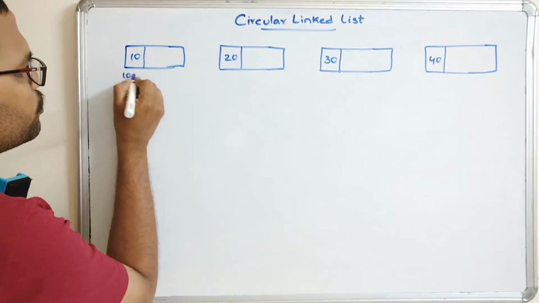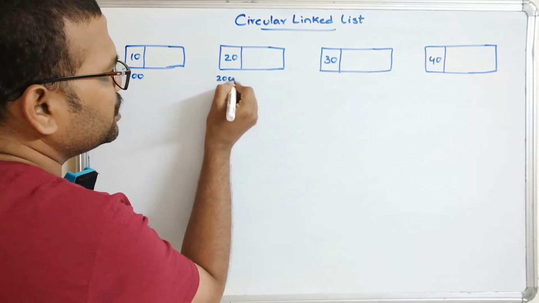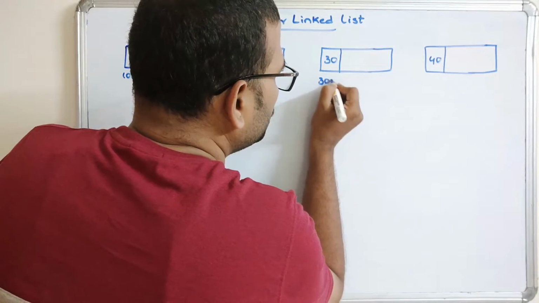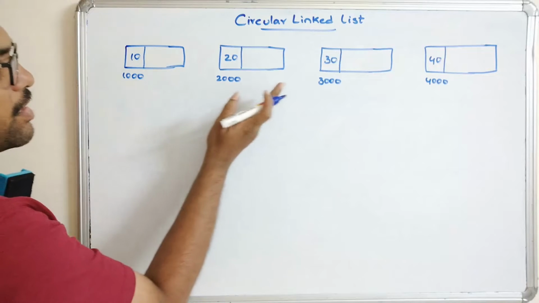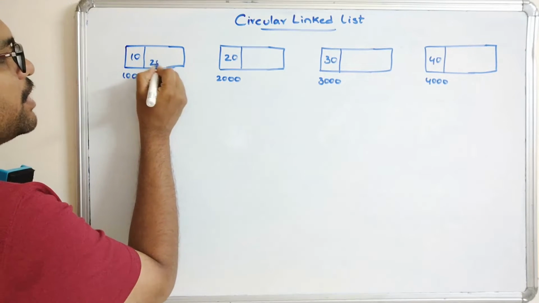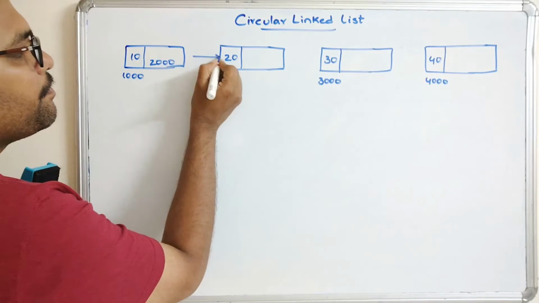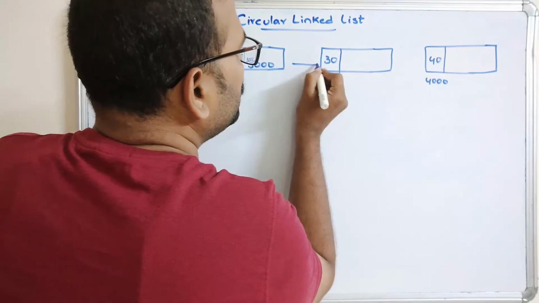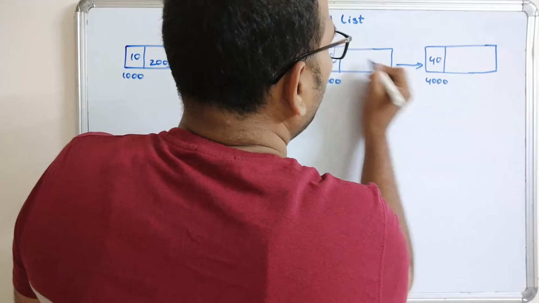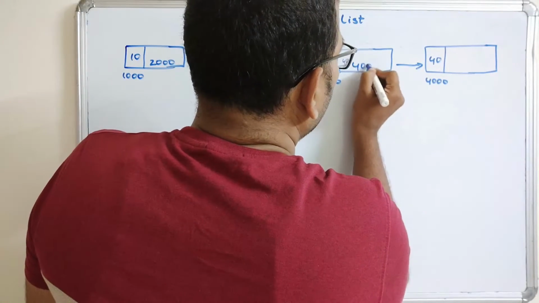The address of the first node is 1000, the second node is 2000, the third node is 3000 and the fourth is 4000. In order to get the link, the address of the second node, 2000, should be in the first node, and the address of the third node should be in the second node, so a link is established.